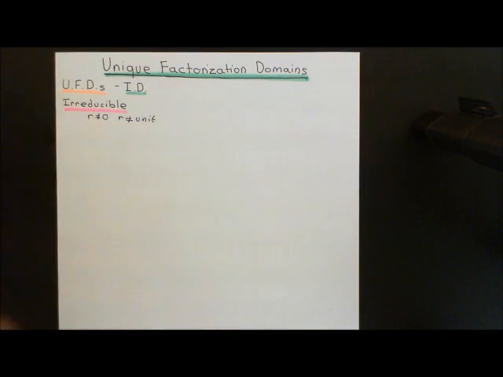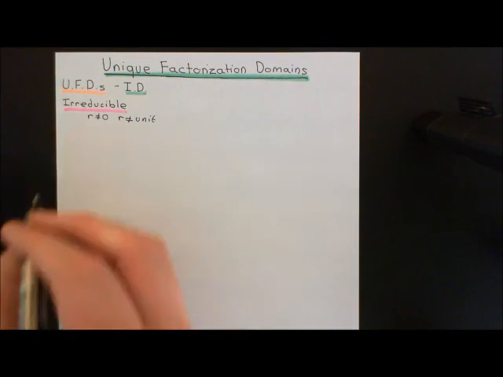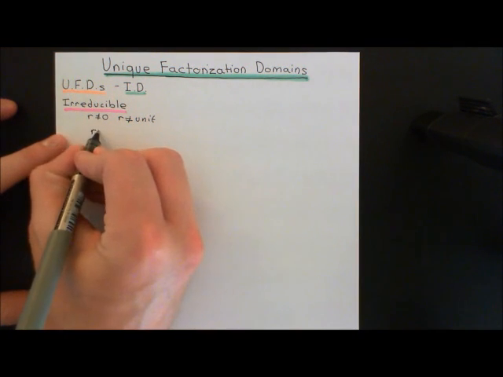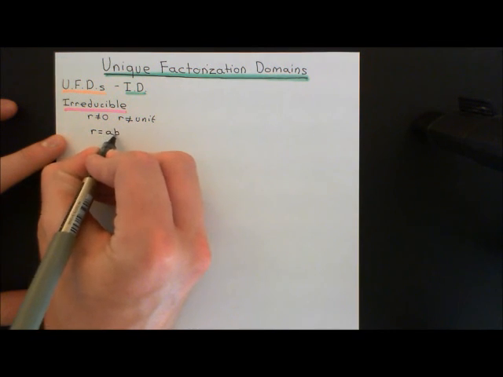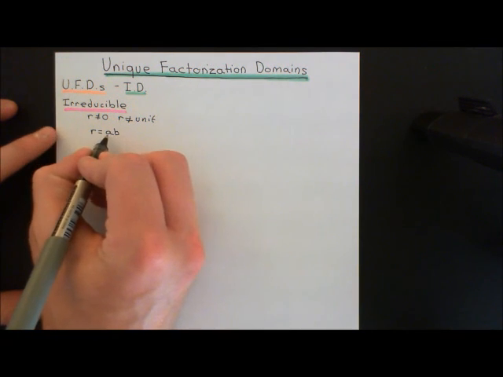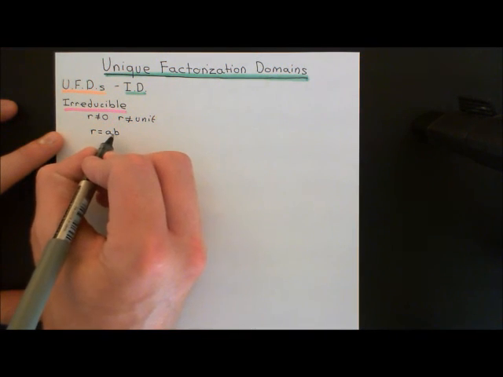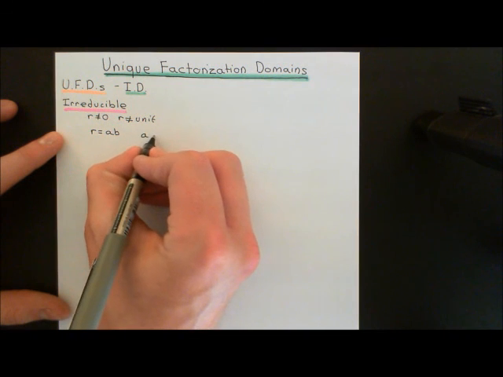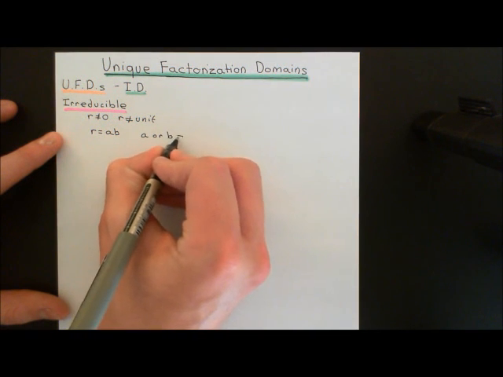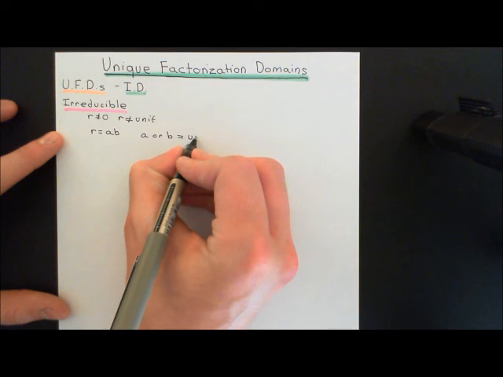It needs to be the case, if it's an irreducible element, that whenever r can be written as the product of two other elements of the ring, a and b in this case, one of these has to be a unit. So a or b must be a unit. Not both of them, one of them.